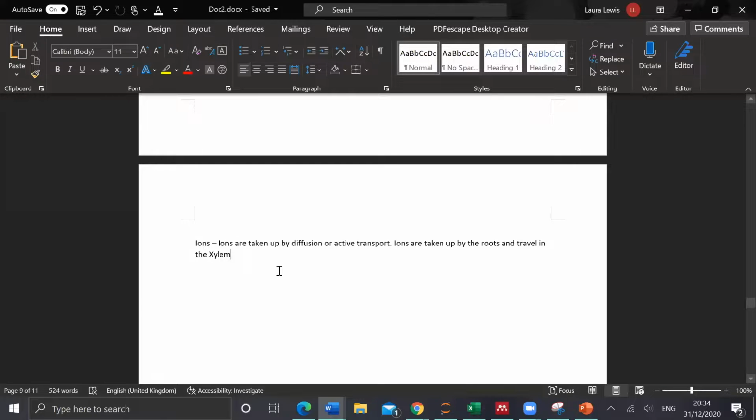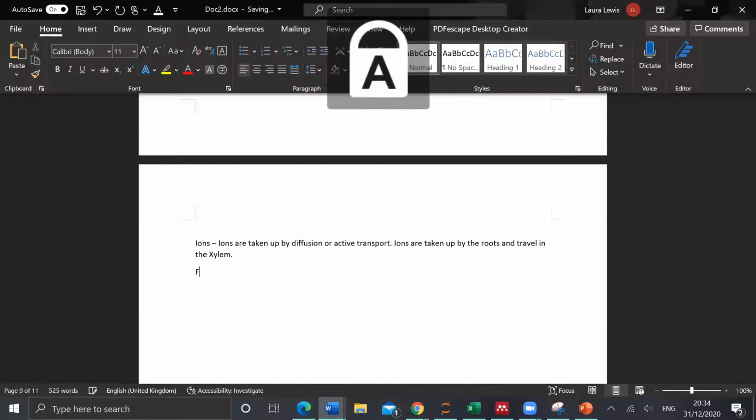Let's talk about these 2 words, diffusion and active transport. Diffusion is asked a lot in the science papers. It could be biology or chemistry. I've seen it many times.